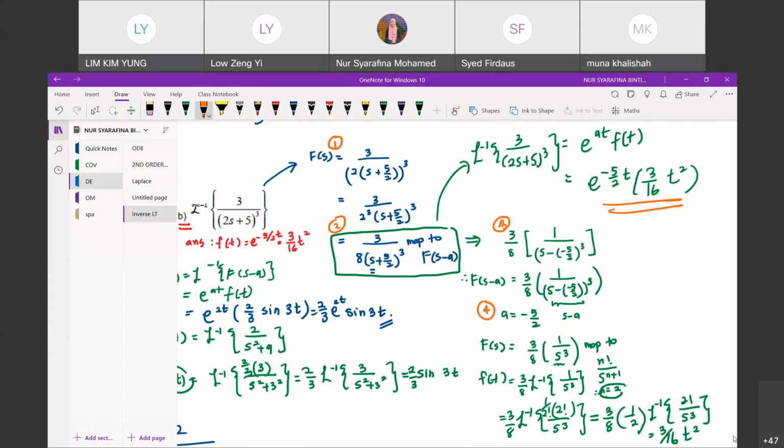Once you know your a, you can have your F(s) and map to the table of transformation to get f. So this is your f(t). Then the inverse transform of F(s minus a) should be e to the at times f(t). So just substitute what is your a and what is your f(t). Okay, clear now? Try to understand first.